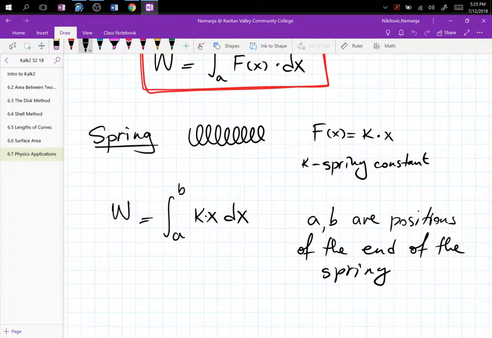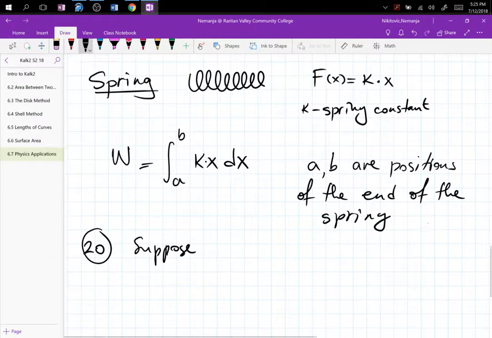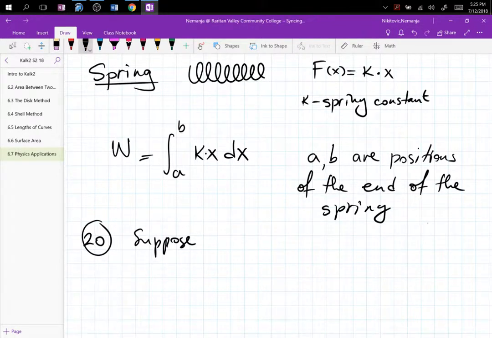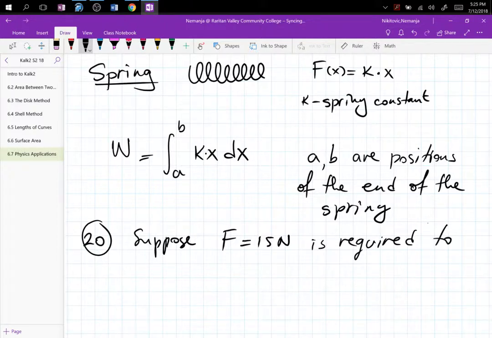Compressing and stretching a spring. Problem 20. Suppose a force of 15 newtons is required to stretch and hold a spring 0.25 meters from the equilibrium position.